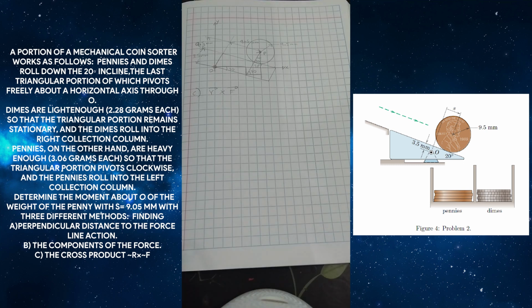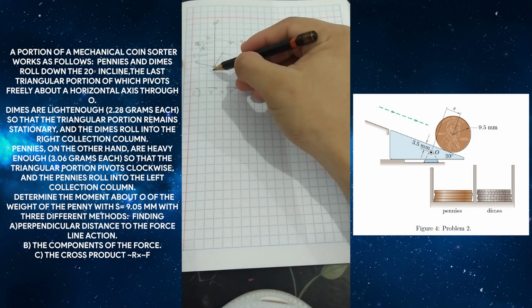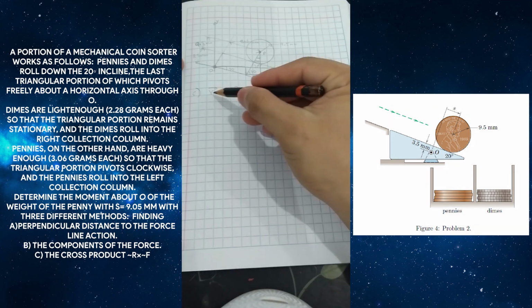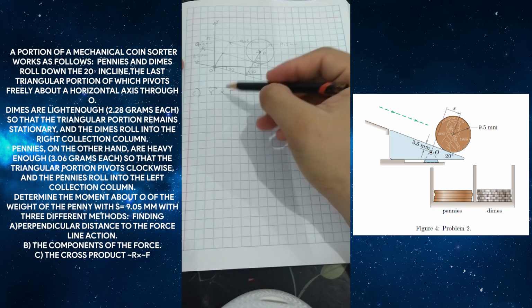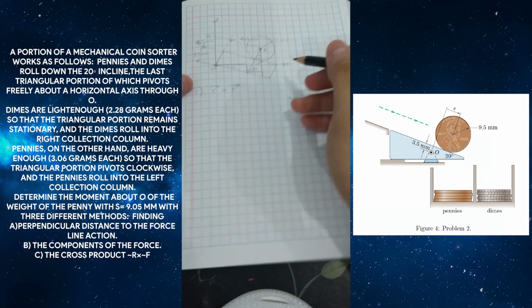Part C of the second problem tells us that we need to find the moment about the point O by using the cross product, that is a position vector, or r vector, cross product the force vector.